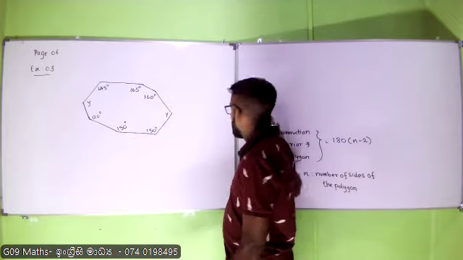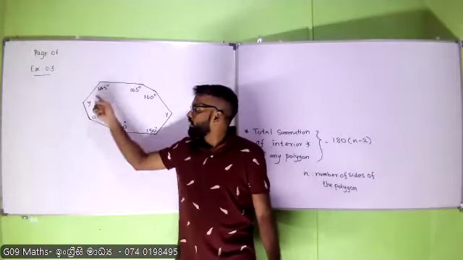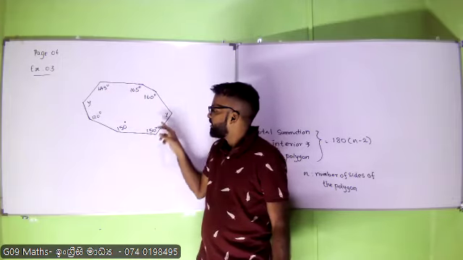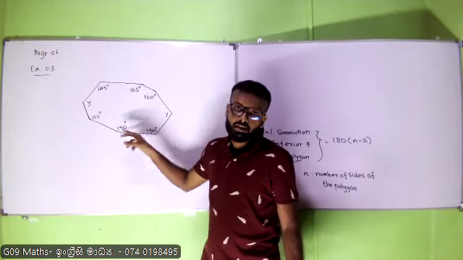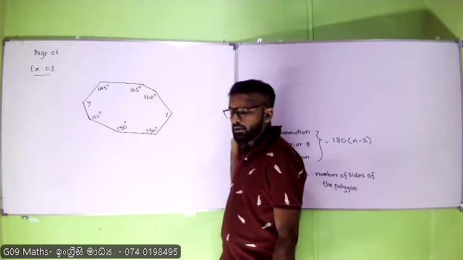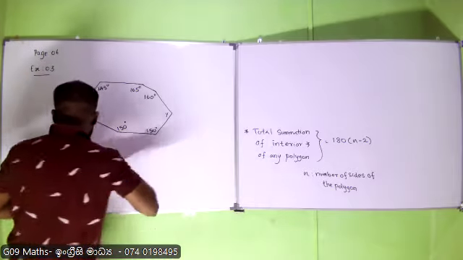First we need to apply this relationship to find the total summation of the interior angles of this polygon. Then we can add all of these angles and equate it to the answer we obtain here. So first of all, we are going to apply this one.